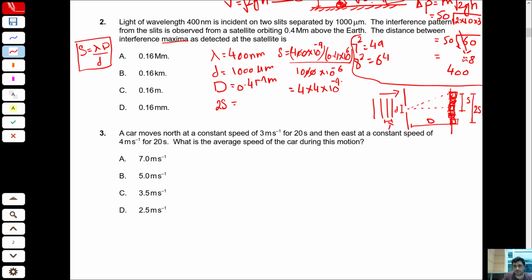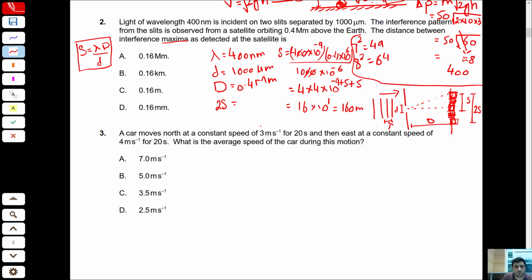Here we will have plus 5, use the indices so that powers can be added together as long as the bases are the same. And on the denominator we have 10 times 10 to the power negative 6, which is negative 5, and when it goes up becomes positive 5. So 4 times 4 is just 16 times 10 to the power of 1, so this is going to be 160 meter.